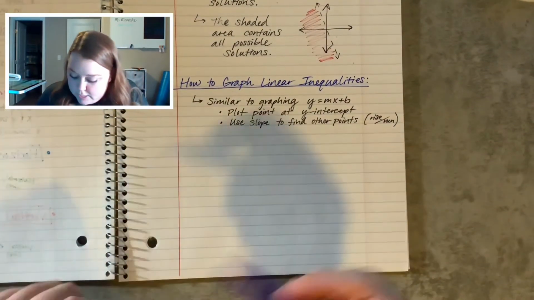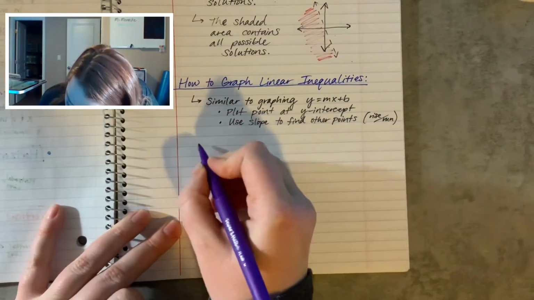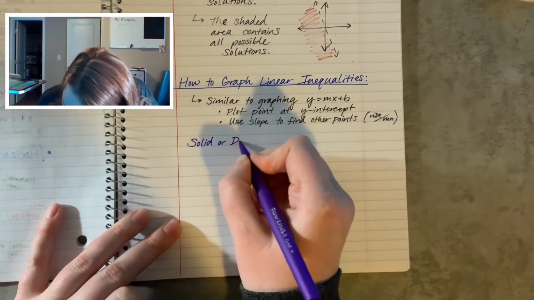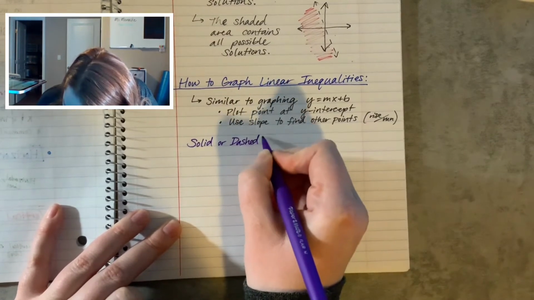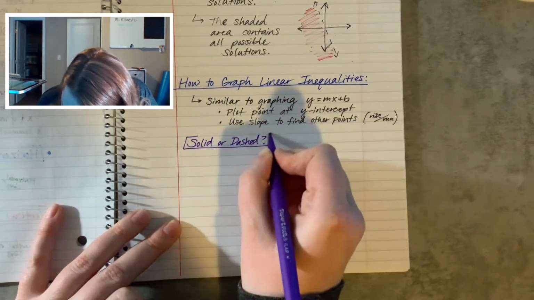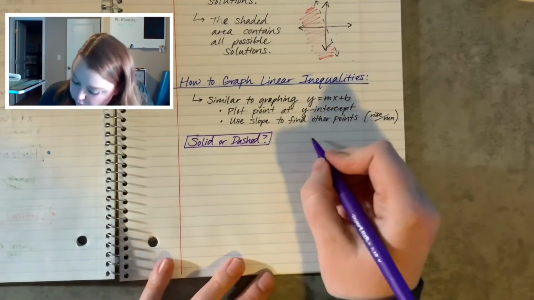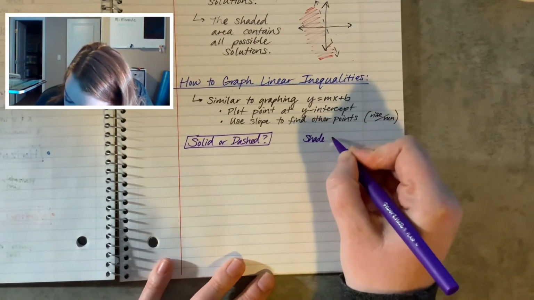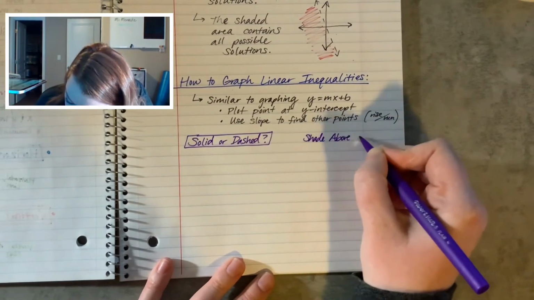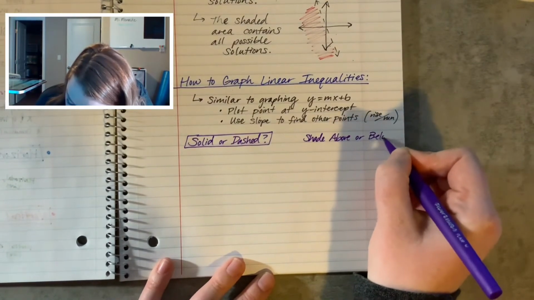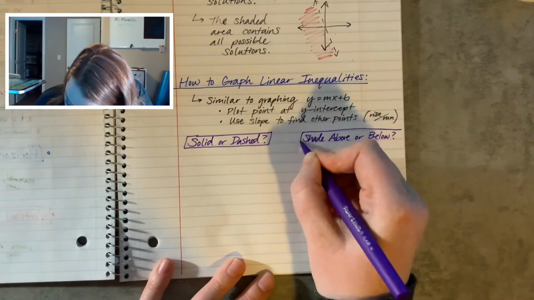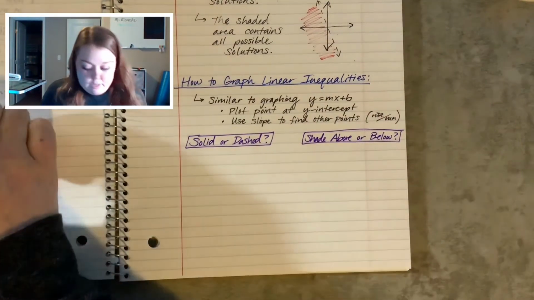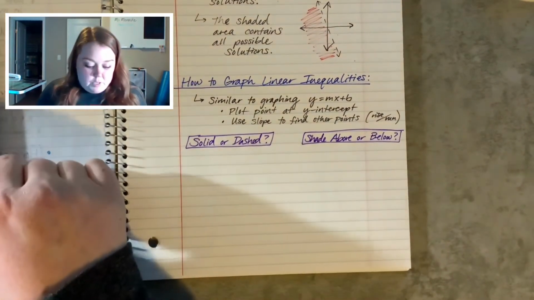So we're going to say, solid or dash, and then over here, shade above or below.